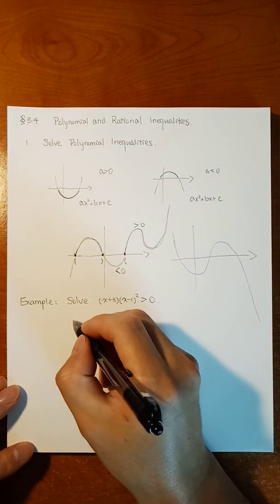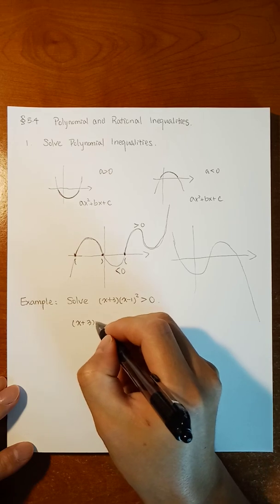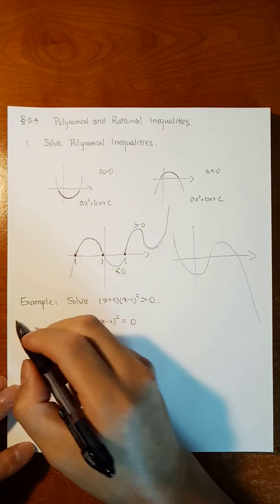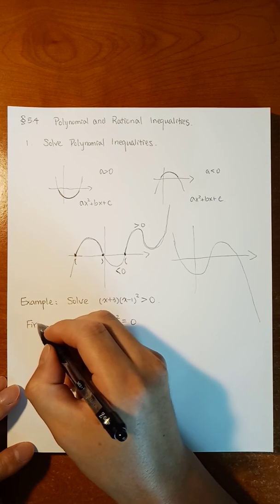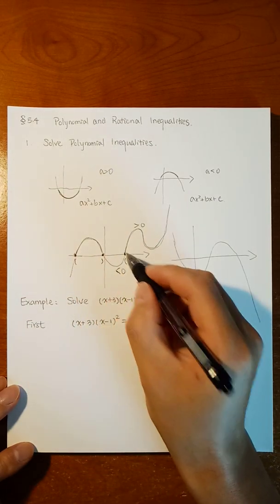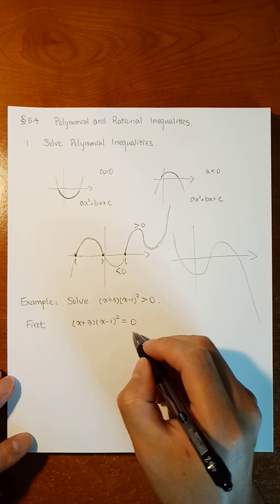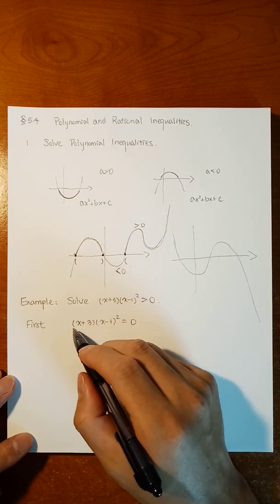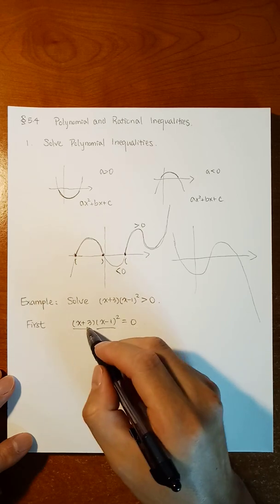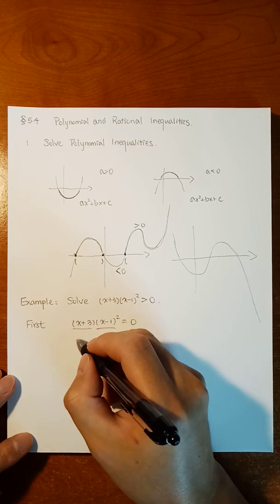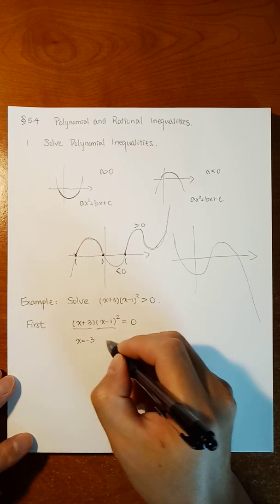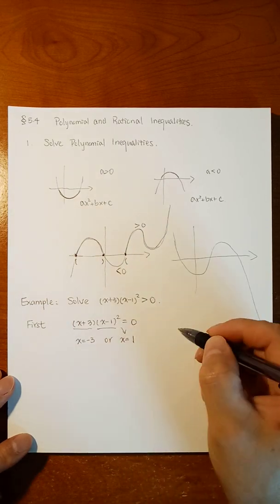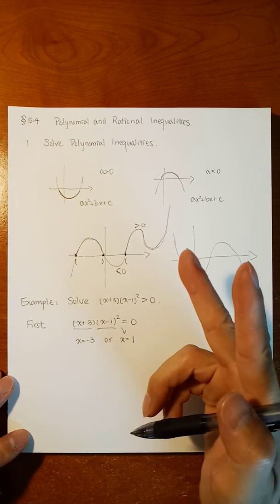We first find the zeros, like we first find the cutting points. We apply the zero product rule. The zero product rule means a product is 0 if and only if one of the factors is 0. So you get x is negative 3 or x is equal to 1. This one is a double root. Okay, so you have two solutions.